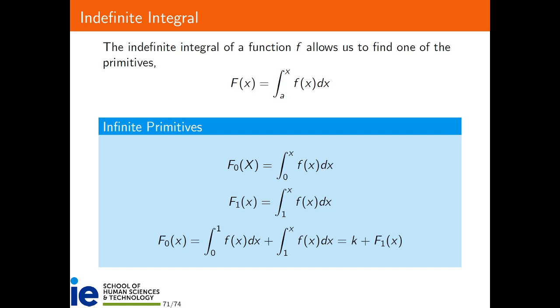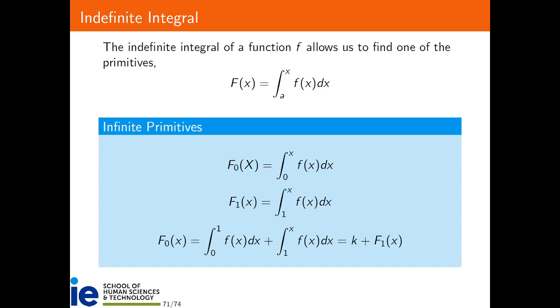What we call the indefinite integral of a function, small f, allows us to find some primitives. So let's define as the integral from a to x of the function f a primitive of the function. Now notice that here one of the extremes of integration is the variable x itself.